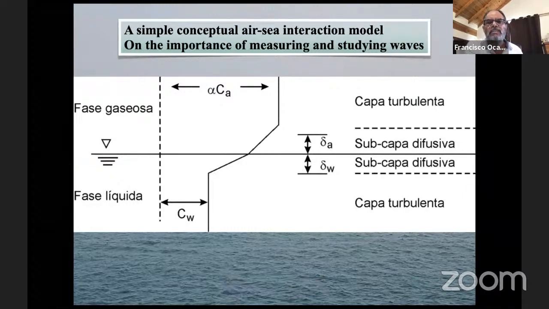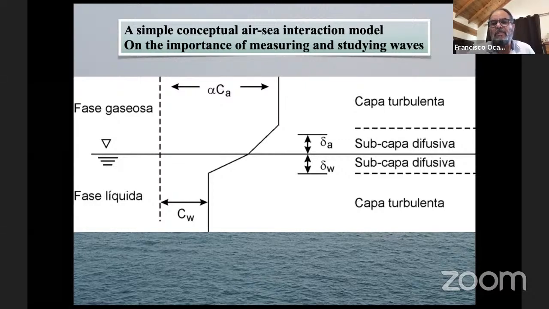For instance, in the case of gases, a very simple conceptual air-sea interaction model is given in this transparency. We can say that the concentration of any gas above the sea surface, away from the sea surface, can be considered constant in the vertical, and also below the sea surface, away from it, is constant at a different concentration. But near the sea surface interface, there is a sharp gradient of concentration, because there is a tendency for the gas above and below to be in equilibrium.